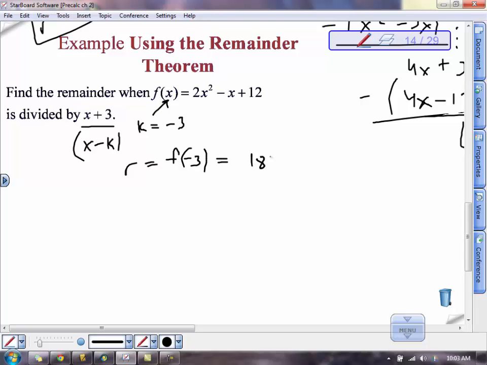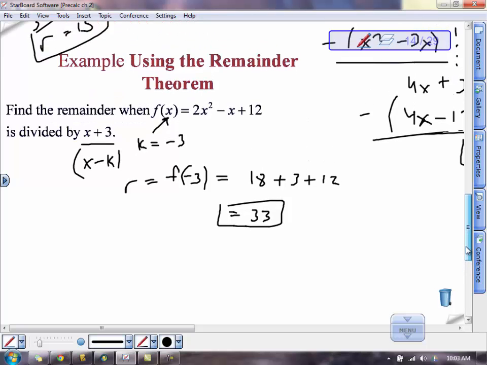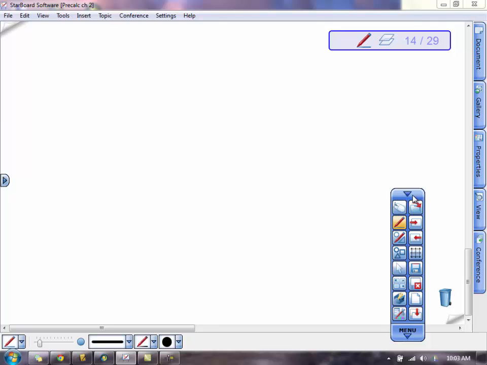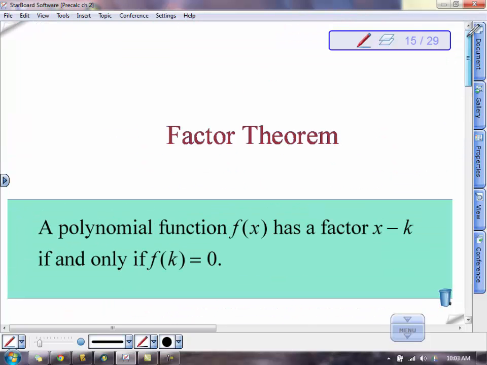That's 18 plus 3 plus 12. Well, double negatives. So that'd be 33. So that's the easiest way to find the remainder with the remainder theorem. Something you want to know. Save you some time.